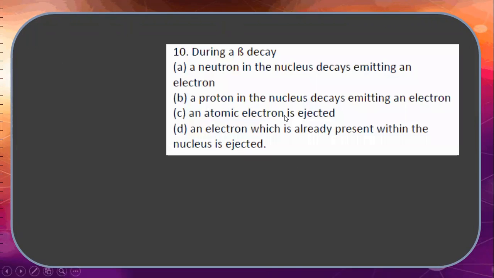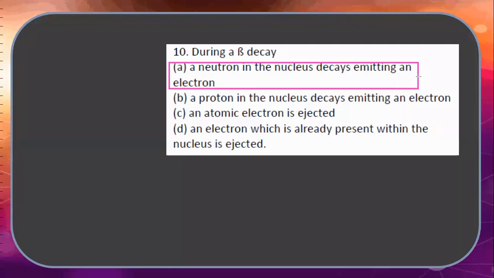Next, during a beta decay, a neutron in the nucleus decays, emitting an electron or a positron. During the beta decay, either an electron or a positron will be emitted.